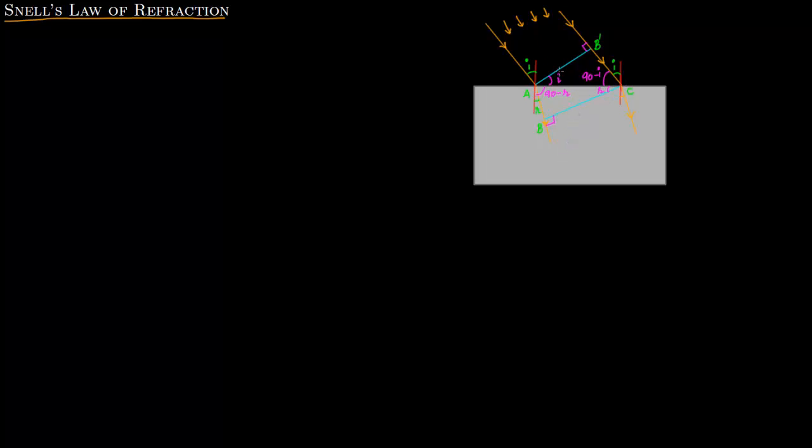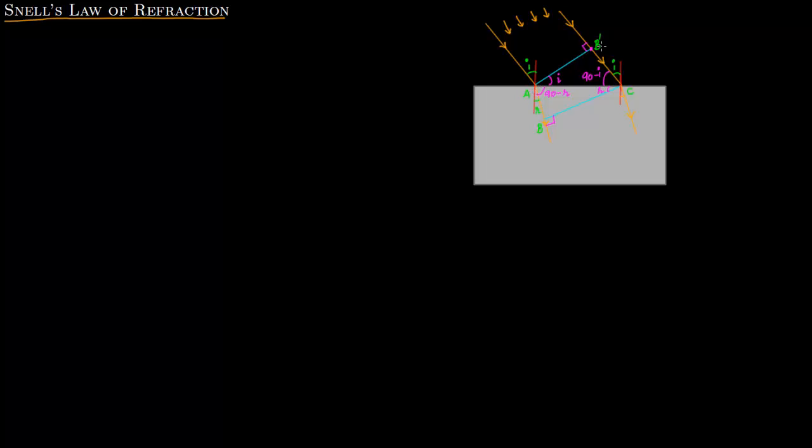So let us now talk about how the wavefronts are traveling. When the first ray hits the medium, the second ray is still traveling. So the second ray here is at B prime when the first wave has hit point A, and AB prime is the wavefront.